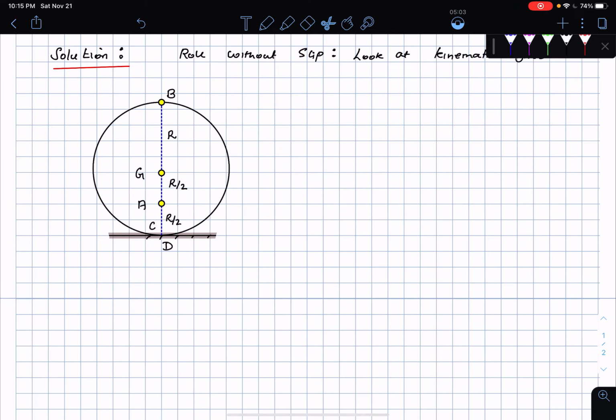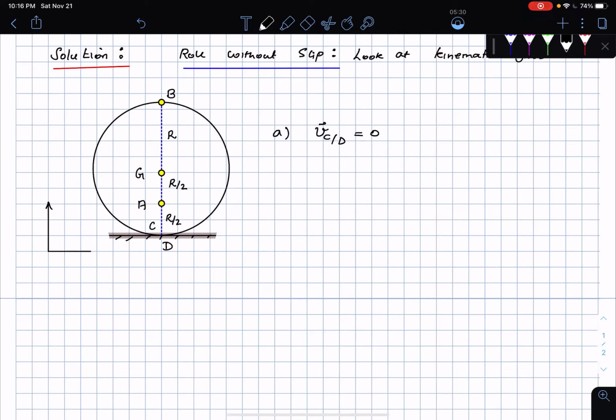What are the things that we can do in this particular problem? We can write down the kinematic relationships. Since it is rolling without slip, the relative velocity at the contact surface between the ground and the disk is 0. So this says that velocity of C slash D is equal to 0. I set up a coordinate frame. This is kinematics that we've done in the past.